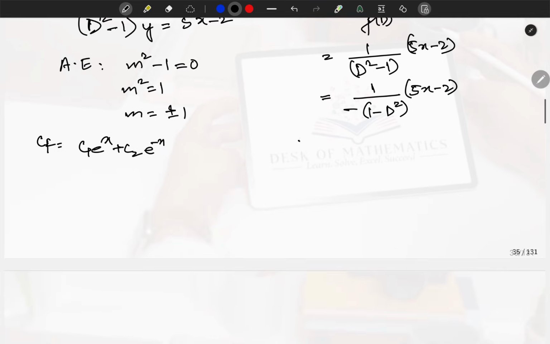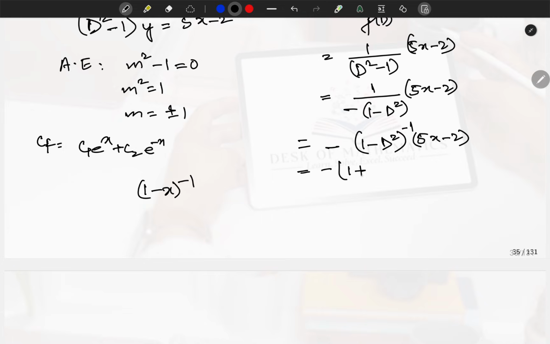So now use the binomial theorem, you will get minus 1 minus d square raised to the power minus 1 times 5x minus 2. So you will use the formula for 1 minus x whole raised to the power minus 1, that is 1 plus x plus x square plus x cube. So here what you will get? You will get minus 1 plus d square plus d4, okay, plus so on, times 5x minus 2.